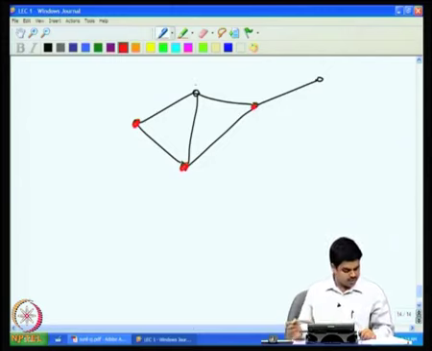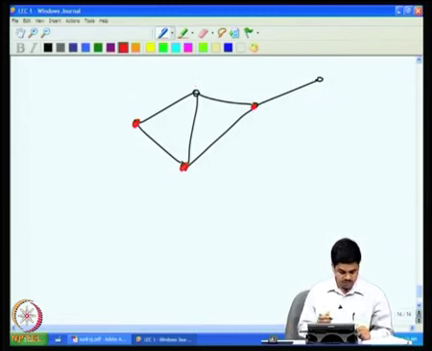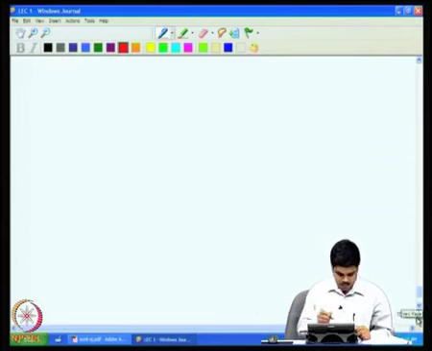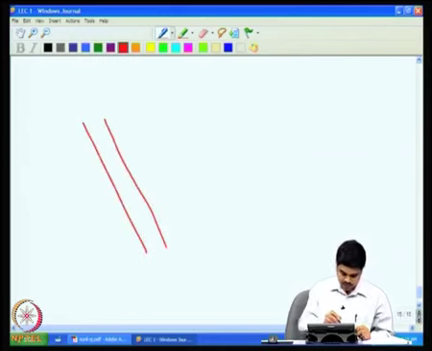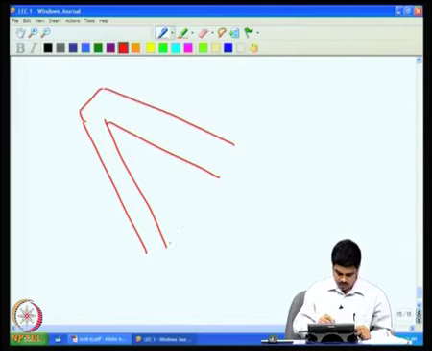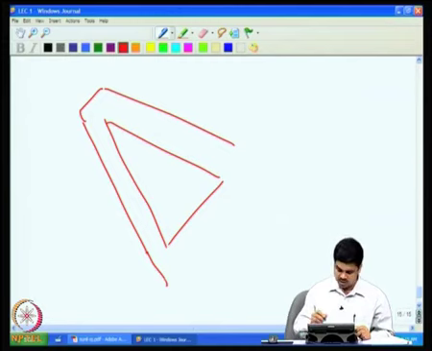So, the set of these three red vertices is called a vertex cover of this graph. An interesting way of explaining it is to consider a museum. Let me draw something like this. These are the corridors where the museum articles are displayed, like a museum or art gallery.